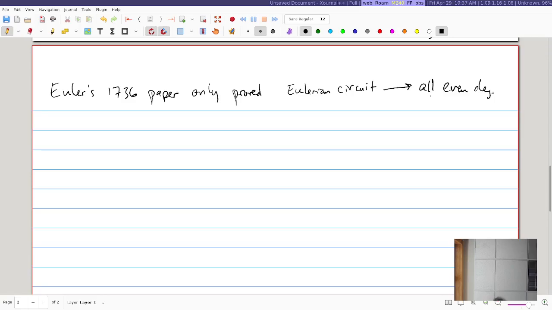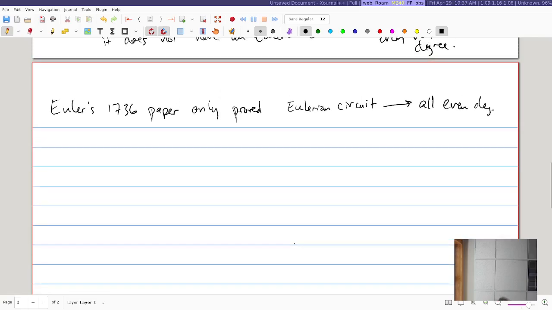Who knows? In any case, the other direction of this if and only if, anyone want to guess what year it was first formally proved, like someone published a proof of the opposite direction? Maybe we'll play closest without going over. So anyone want to guess the year? 2020, okay. 2012.